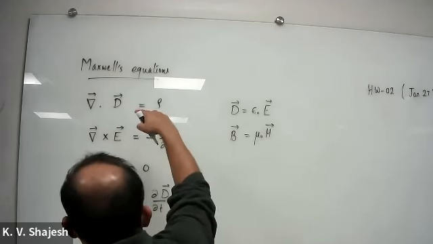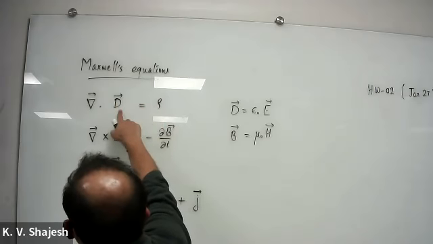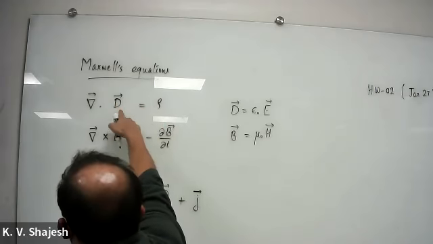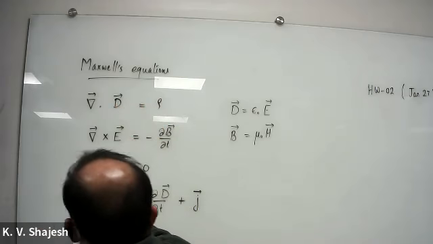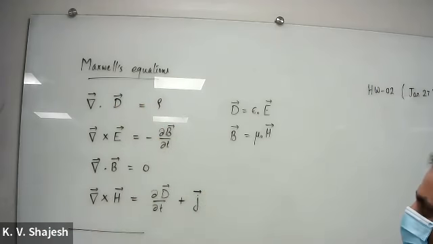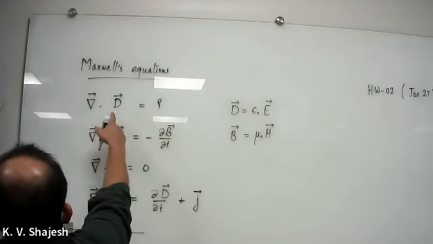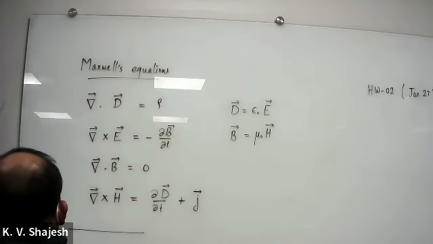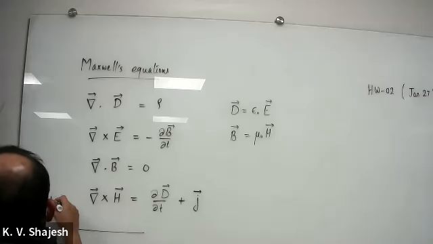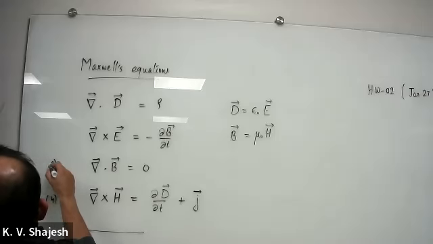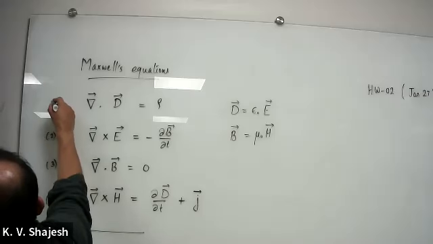Let's take the time derivative of this equation and the gradient of this equation. Let me start from the fourth equation. So let's say 4, 3, 2, 1.